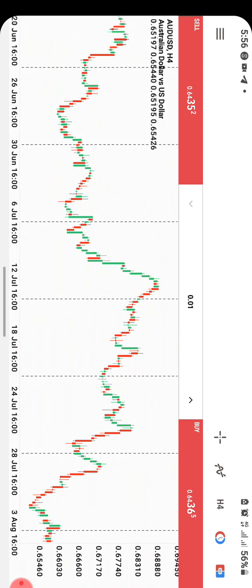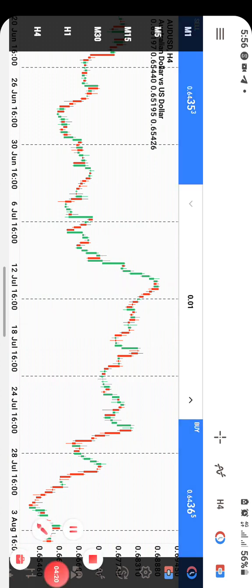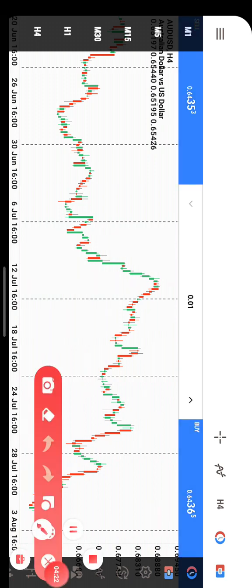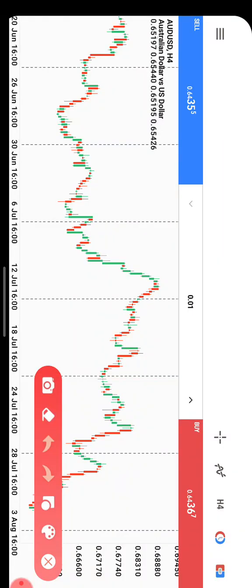Now, if you look at this particular market, we can see that the market kind of fell from here. That's from the 12th of July.